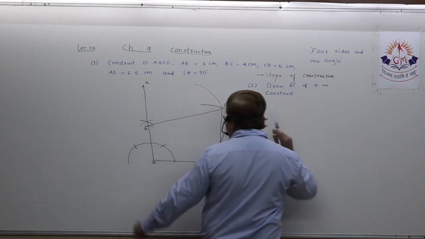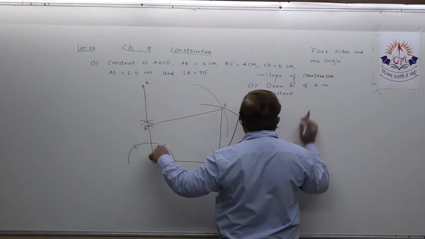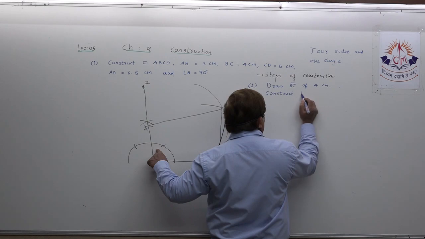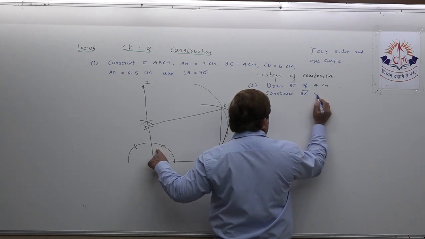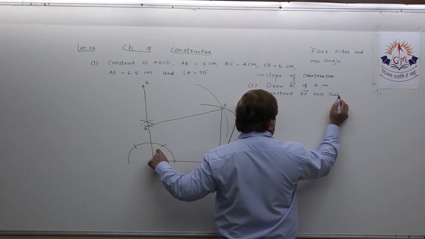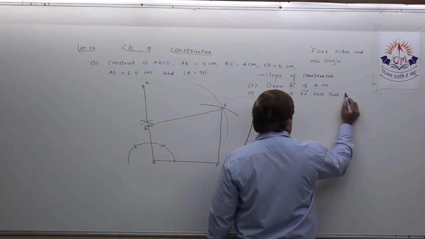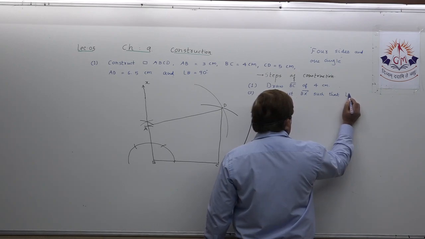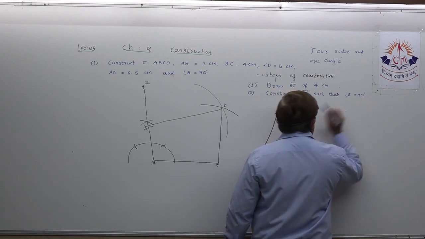Construct ray BX such that angle B is equal to 90°.